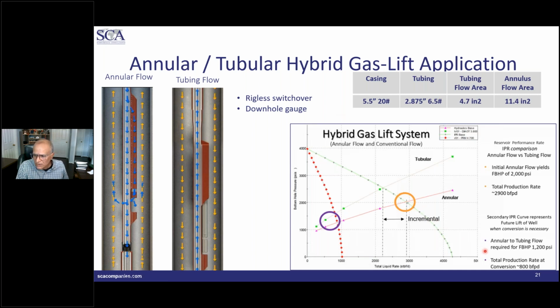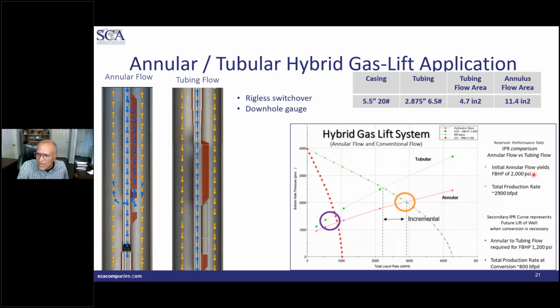A takeaway is that when you are producing with the annular in the initial time, when your productivity is significantly high, you can produce as high as 3,000. And about this time frame, when your productivity drops, where the absolute open flow potential drops from slightly over 4,200 to 1,000 for this particular case, you can switch over to tubular flow because at this point, there'll be significant amount of liquid fallback.